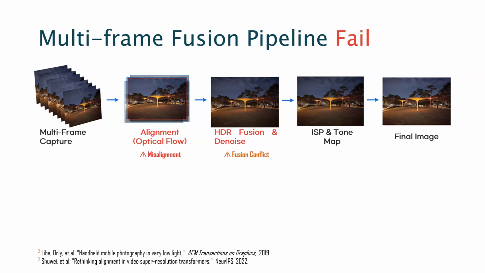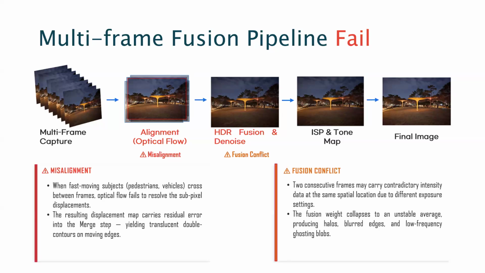First, the alignment optical flow is like if there is a sudden movement. If you are capturing a picture of a static scene, then the image might be good. But not all the pictures that we capture in a real-time environment are static.